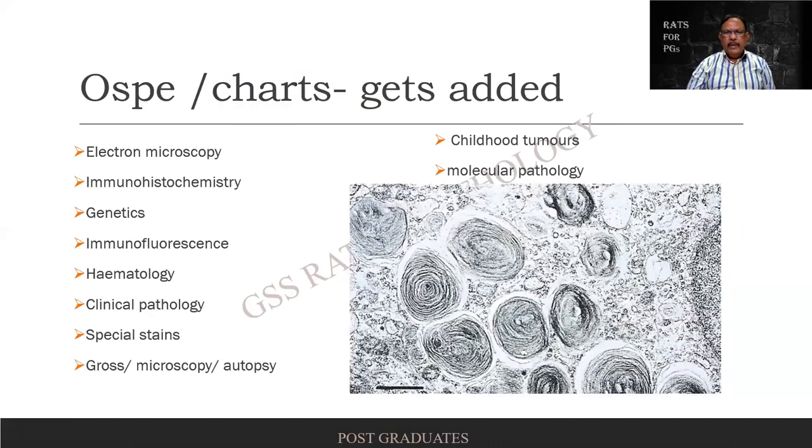And I'm coming to the end of the session. This is what we call OSPE. This is usually a part of the practical examination. But what I'm trying to say is, this is a chart of Tay-Sachs disease that we have got. Similarly, you people will be having a number of charts or OSPE stations in your college. Please read the theory part of it continuously so that you answer it as a theory question.